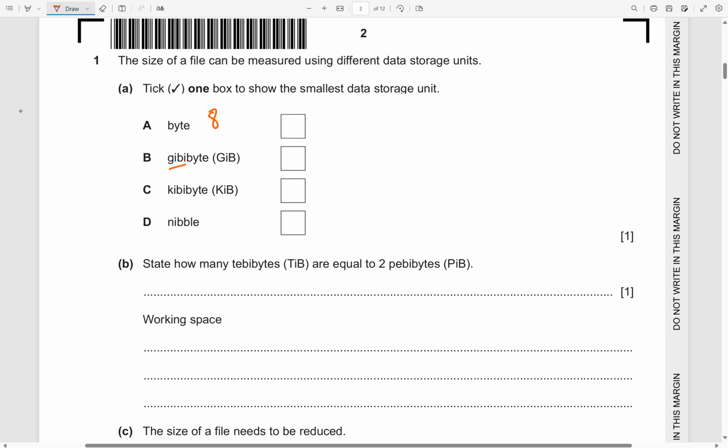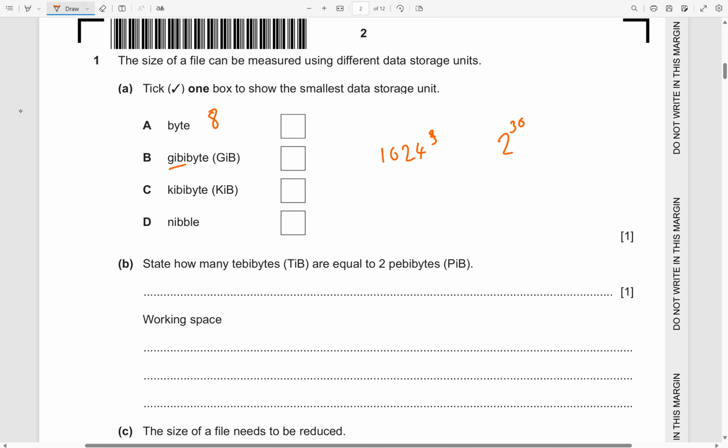Now if we think gibi, when you see gibi you want to think in terms of powers of 1024. Kibi is 1024 to the 1, mebi is 1024 to the 2, therefore gibi is 1024 cubed.